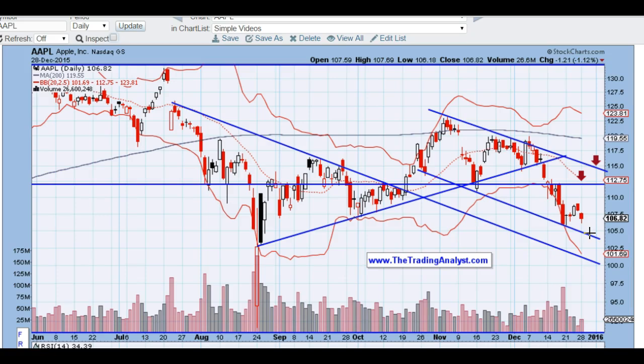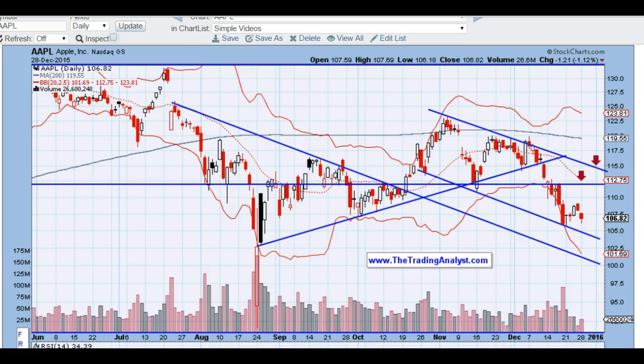So if we get Apple near 105 in the coming days, I'm suspecting that we'll continue to get some short-term bounces from there. Definitely more careful on the long side. I do notice that a lot of people are all of a sudden getting really bearish on Apple, and that's when you kind of want to look for potentially taking the other side of the trade.